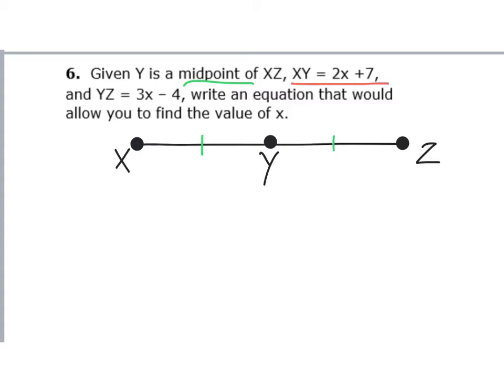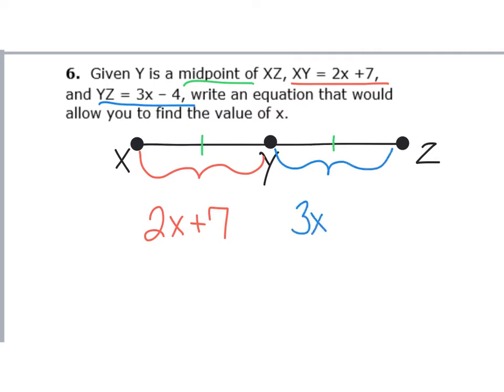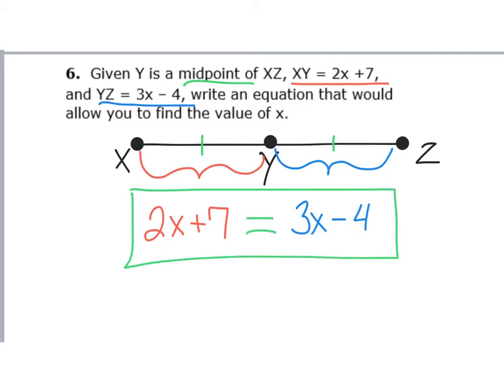X to y is 2x plus 7, and y to z is 3x minus 4. And write an equation that would allow me to find x. These two sides are equal. Here's my equation. Okay, that's number 6.